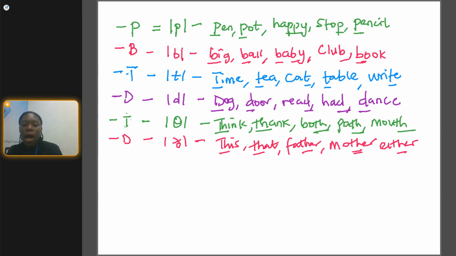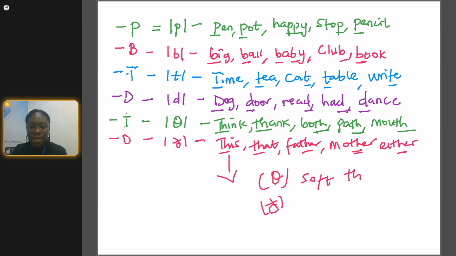Now, if you cannot pronounce this word as feast, and you can't pronounce that as fat or fata or mortar or aita, just know that when you have the sound like thing, you will not say think. All right, so that's the difference between the two. This is the soft th, while this is the hard th.